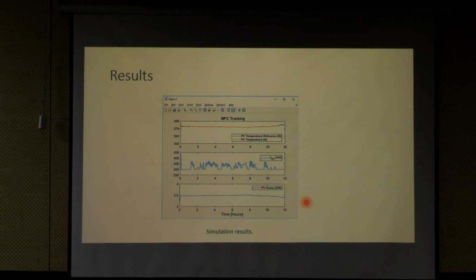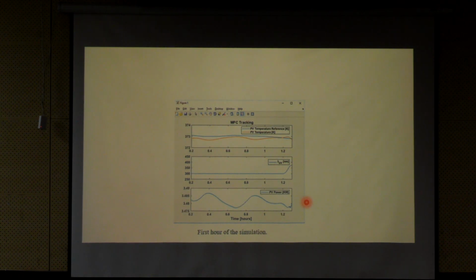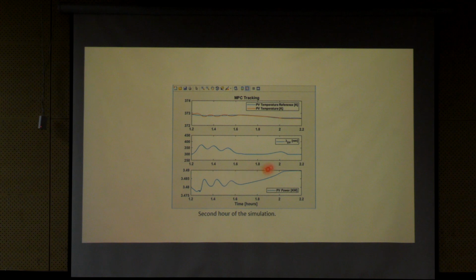And the PV output, if you can see, is constant throughout the day at the maximum value. This is the first hour of the simulation where there was a variation, because MPC will take a little bit of time to settle down. Because it is a controller, it has some delay also. So it will take some time to settle at the point. So in the first hour of the simulation, you can see there is a variation in the PV output. After that, the output is constant.